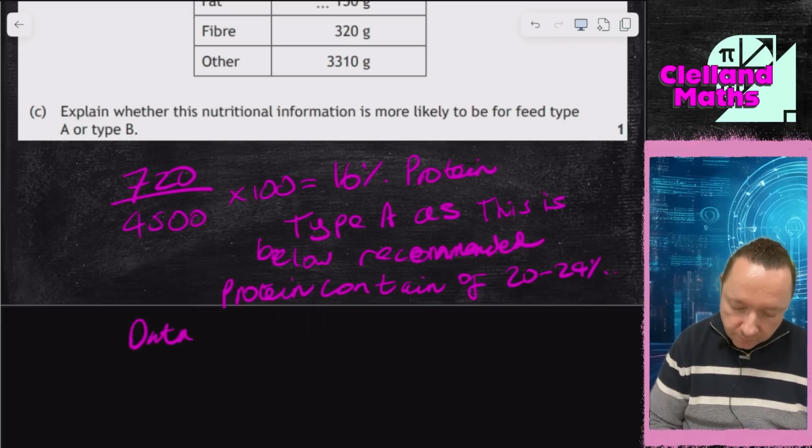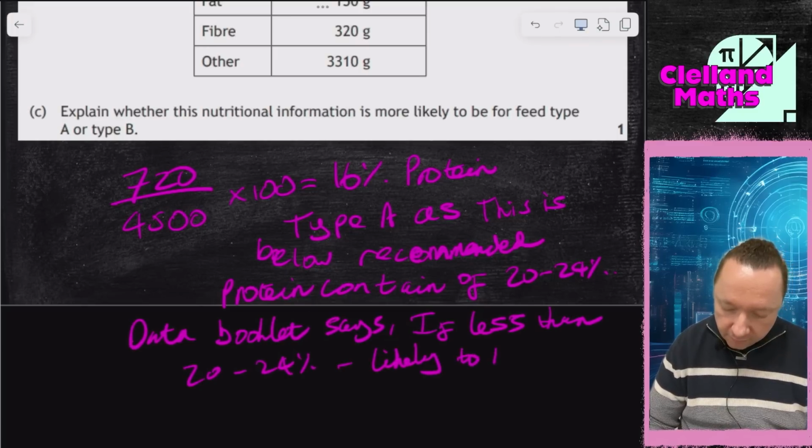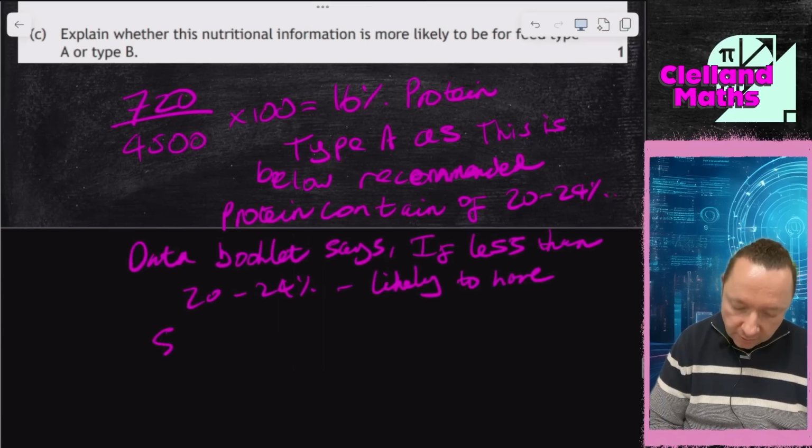Data booklet says if less than 20 to 24%, likely to have stunted growth.